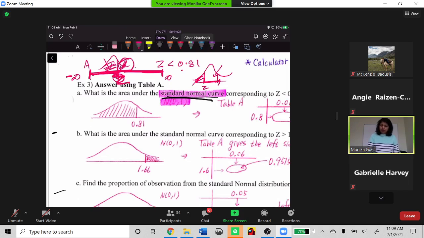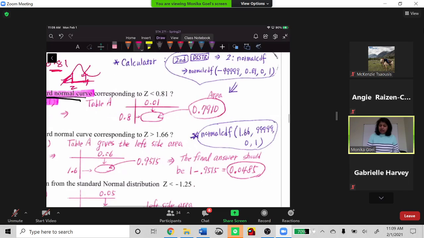So if we are looking for the area under the curve for z less than 0.81, these are the calculator instructions that we used last time. And I see that most of you are doing your homework assignment, so you are using either the table or the calculator. Just remember, when you work with negative infinity, use the negative sign and then a bunch of nines.